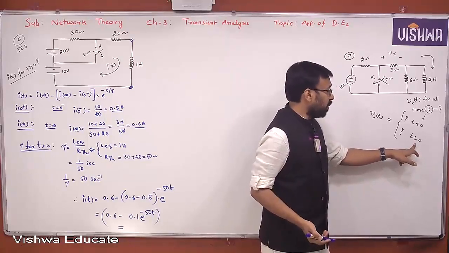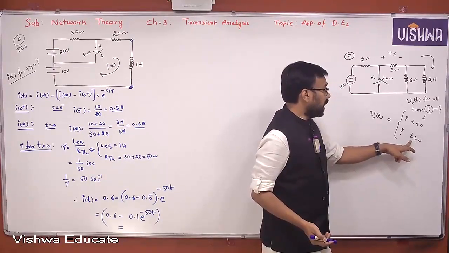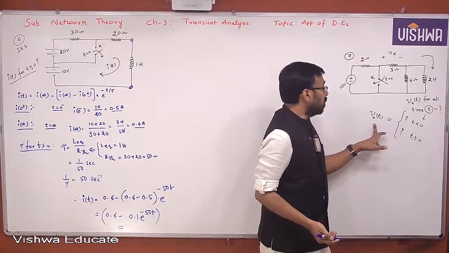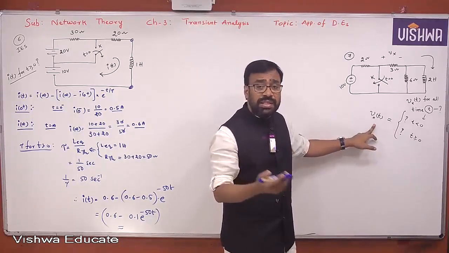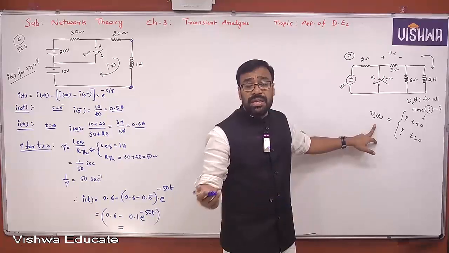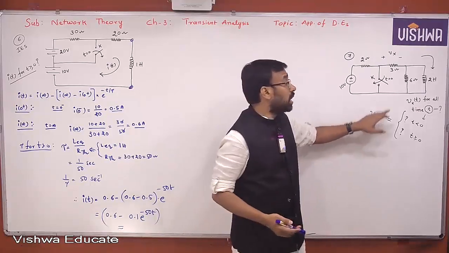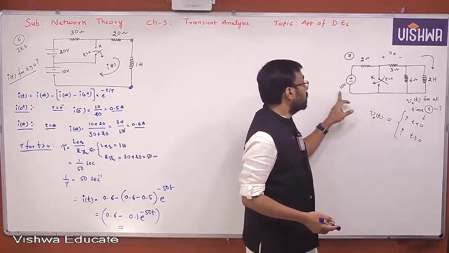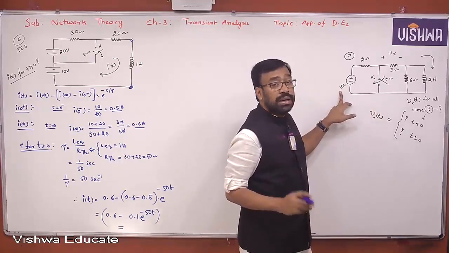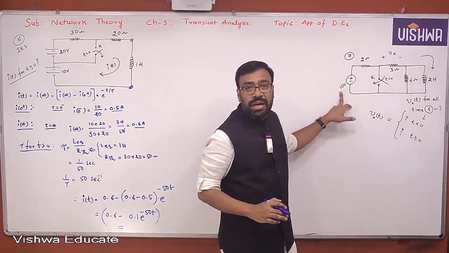Okay, but now this one, t greater than or equal to 0. Again, time response for t greater than or equal to 0, Vx of t. Then you have two types of approaches. One is the formula, the other is S domain. But S domain is not required here because it is a first order system, and at the same time it is excited by a step input. Understand all of you, okay?